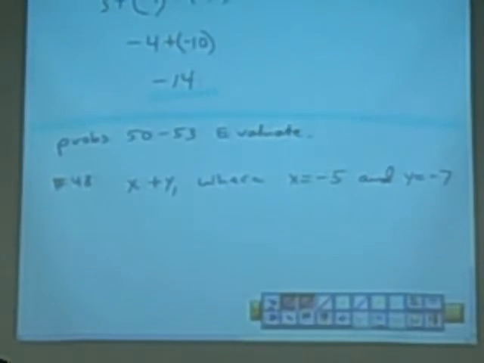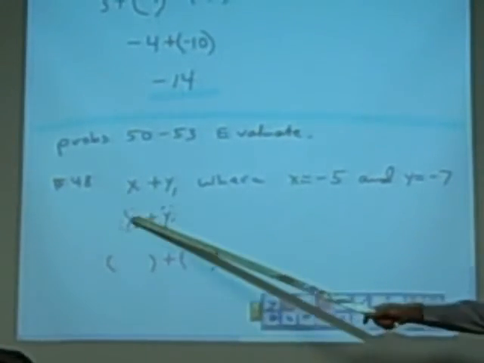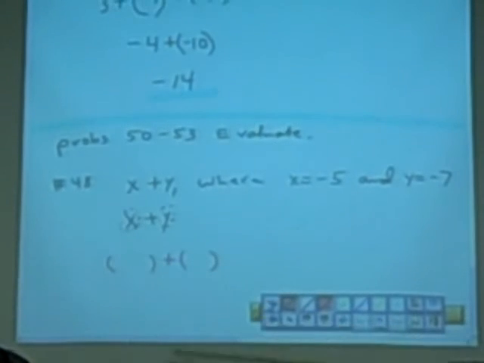and y equals negative 7. So basically what we're doing here is we're substituting in for x and y. So it's like we're cutting out that x, and we're going to put parentheses in there, plus, and then we're going to cut that y out, put parentheses in there. And what are we going to put in here for x? The -5.